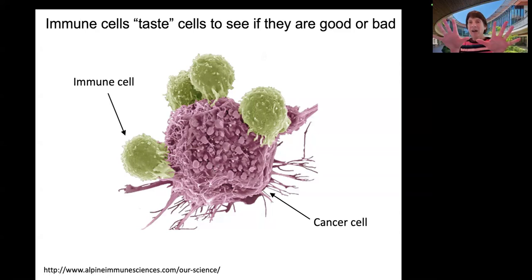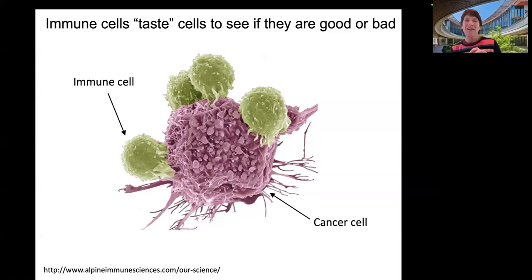And that immune cell is literally tasting the surface of the cancer cell through all of these handshakes and trying to collect information to make a decision about whether this is a good guy or a bad guy. If it's a good guy, then those immune cells will say, okay, nothing wrong here, move along to the next cell and taste that cell and make a determination.